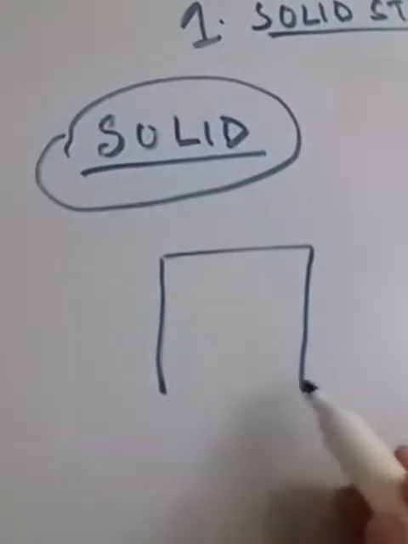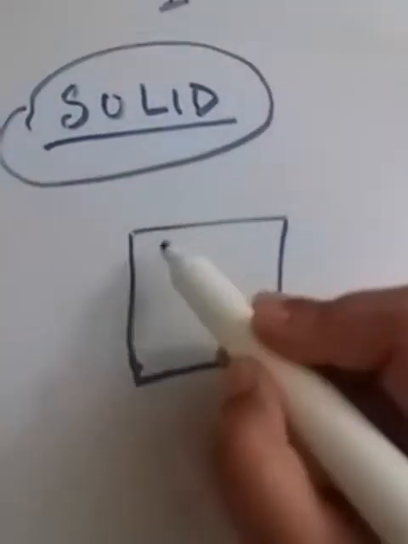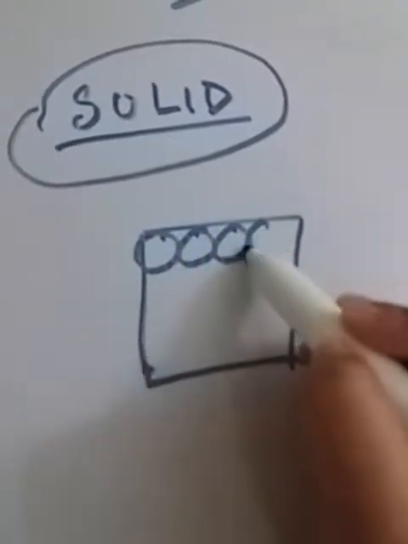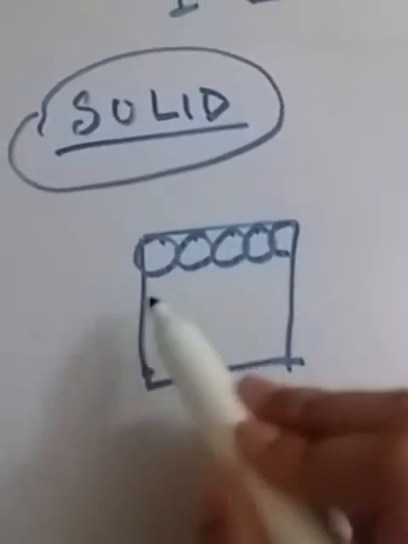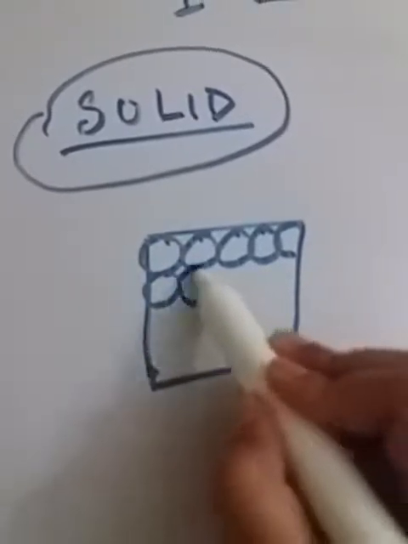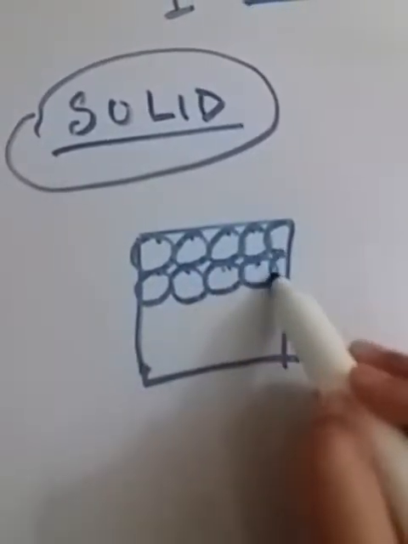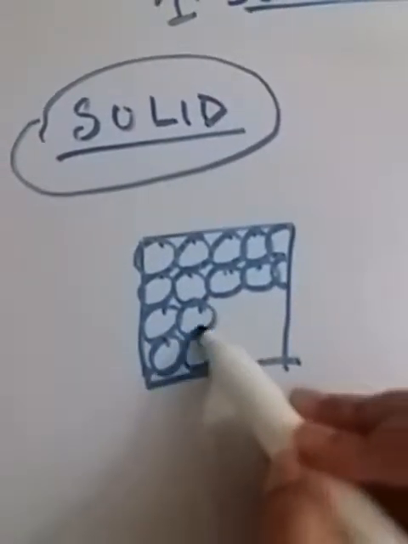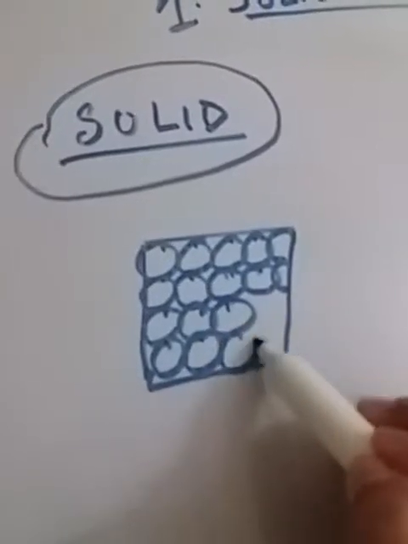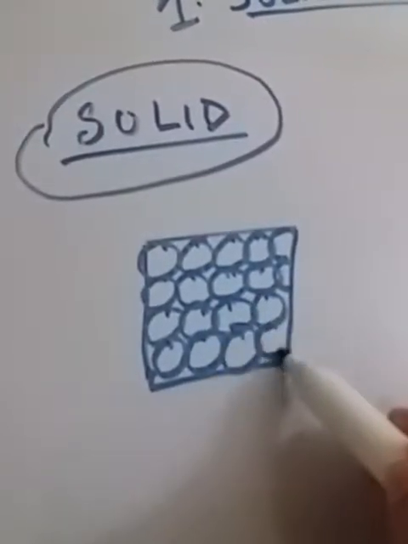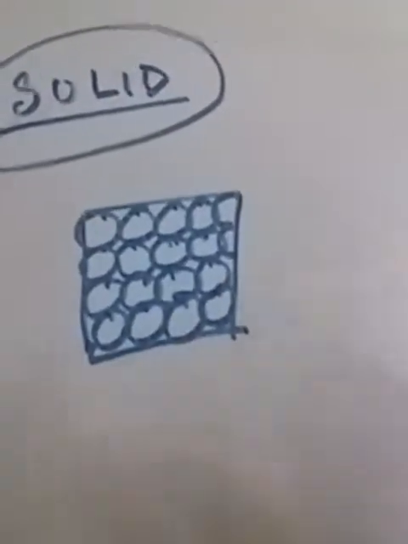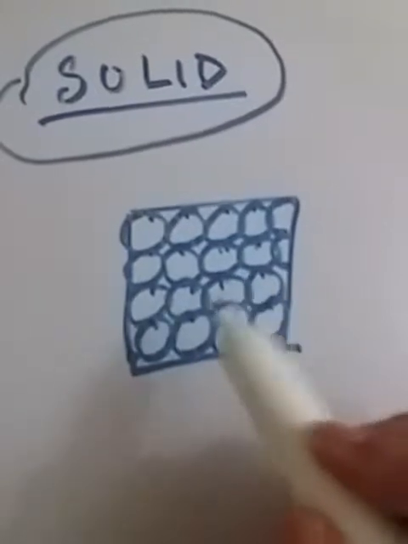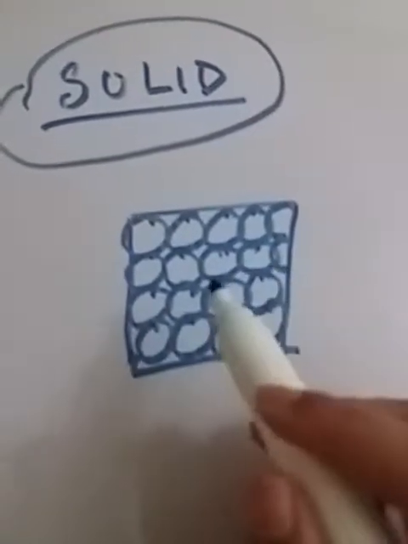First we'll imagine its structure, its constituent particles arranged in its structure. In this way, the molecules or atoms are tightly packed within itself, and it goes on infinitely. So this is the closely packed structure of solid.